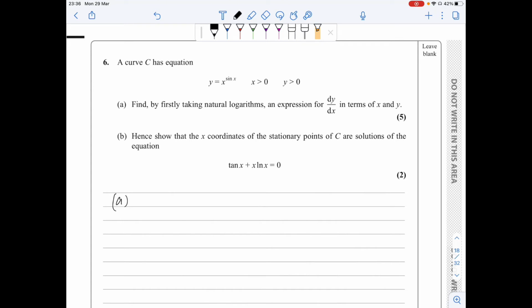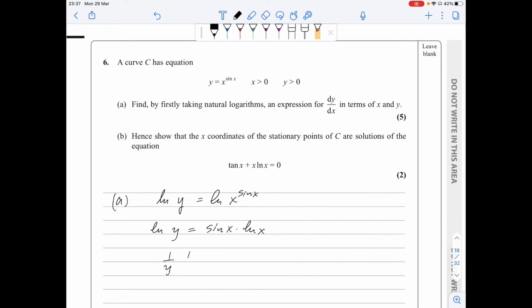In part A of question 6, I'll start by taking logs of both sides. So ln y equals ln of x to the power of sin x. I will use the power law to bring down the power. So ln y equals sin x times ln x. And then I will do implicit differentiation.